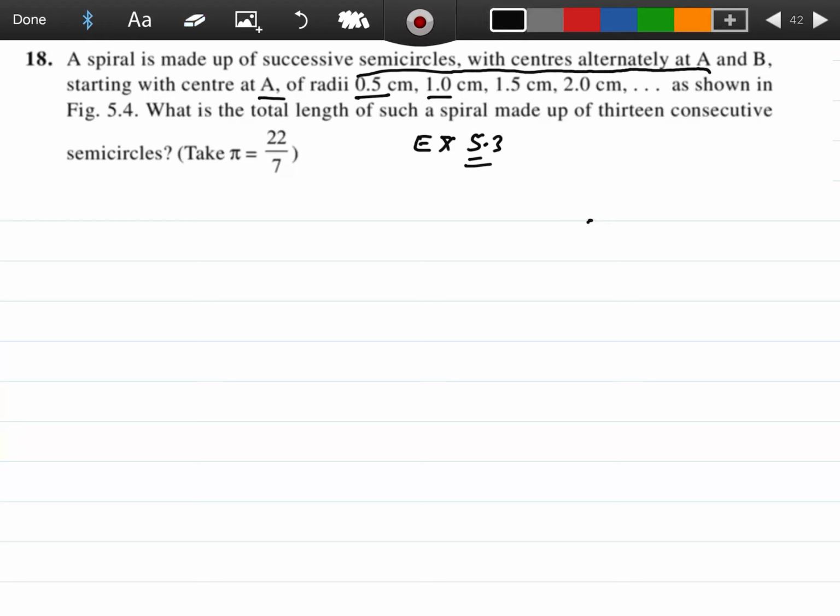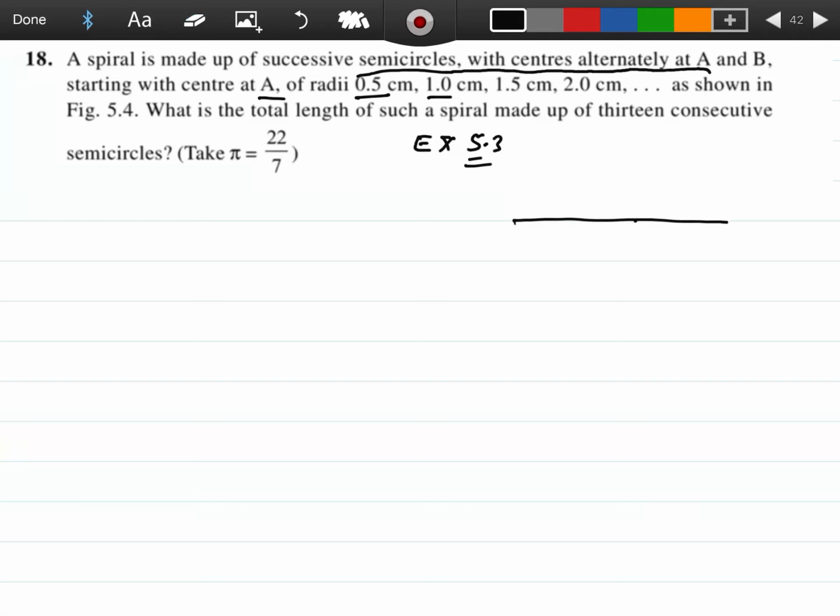Okay, spiral, you know what a spiral is? It is made by a circle within the same circle. Now you can see the picture. There is a spiral made with the center A, then with the center B they have started the second semicircle. Now with the center B, with radius 1 centimeter they are starting.